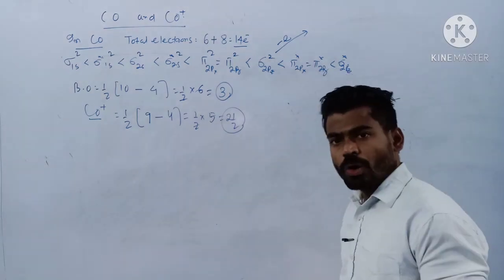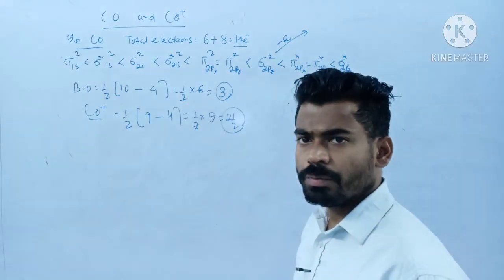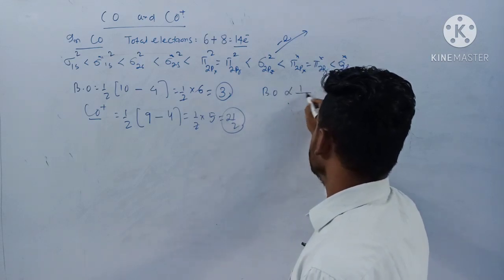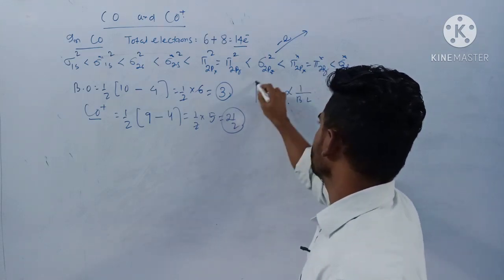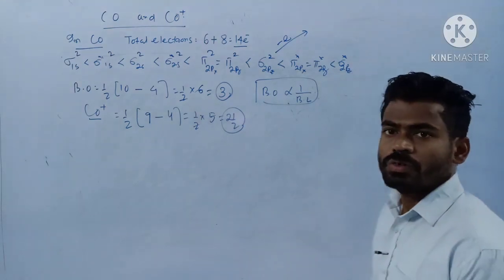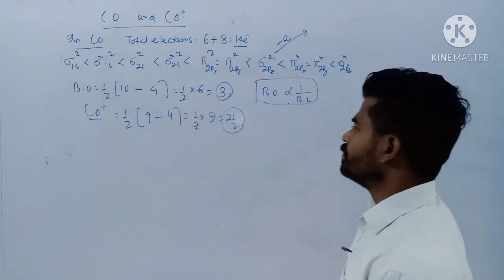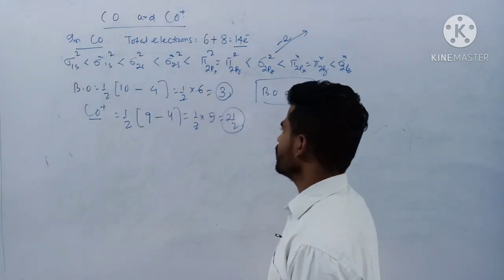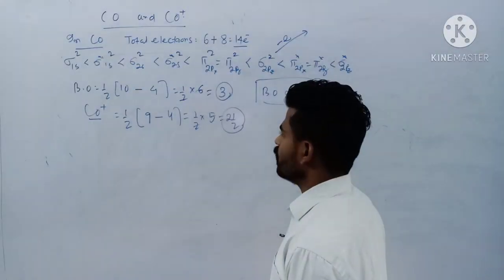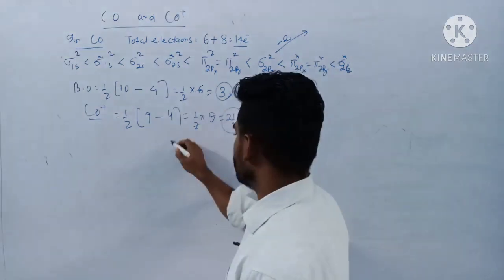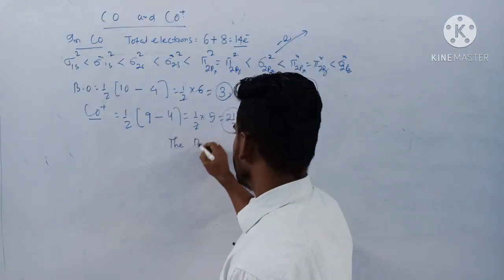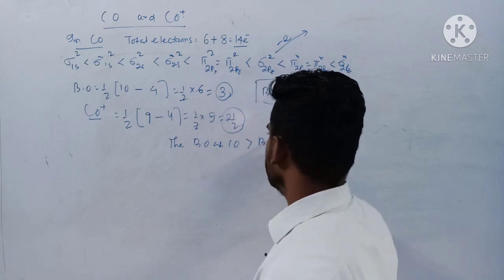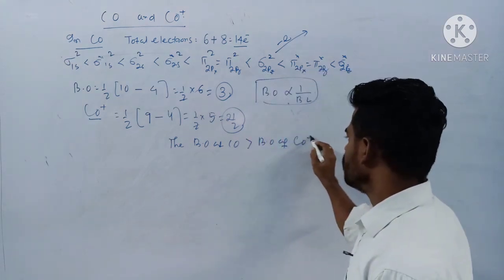So the more the bond order, the less will be the bond length, because you know bond order is inversely proportional to bond length. Am I right? So by considering this relationship, the bond order of CO is more than the bond order of CO plus.